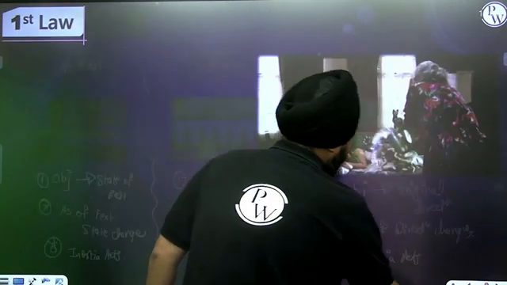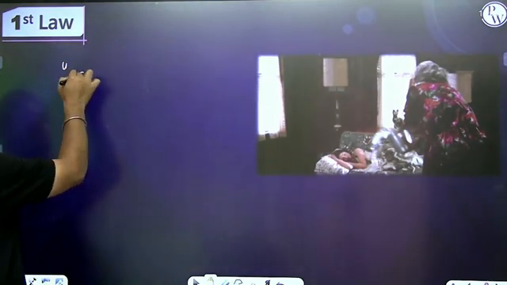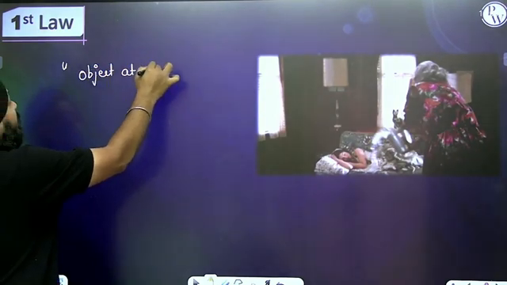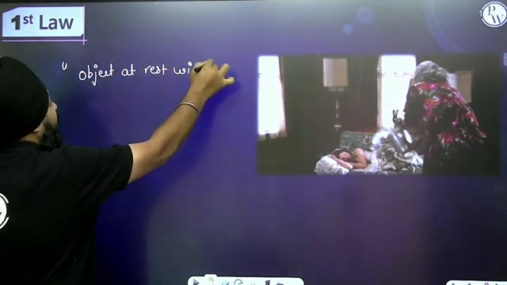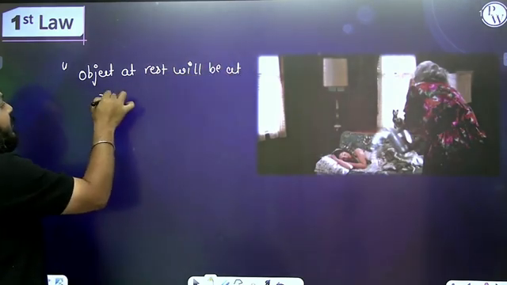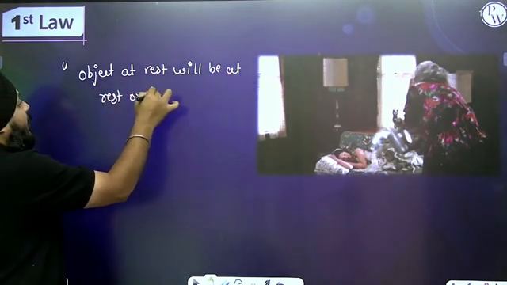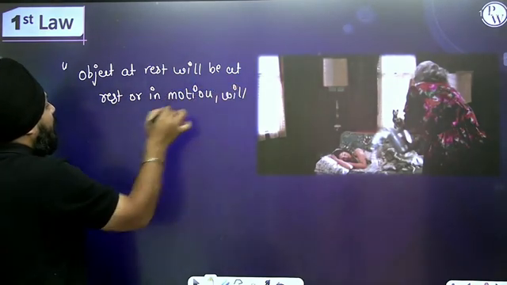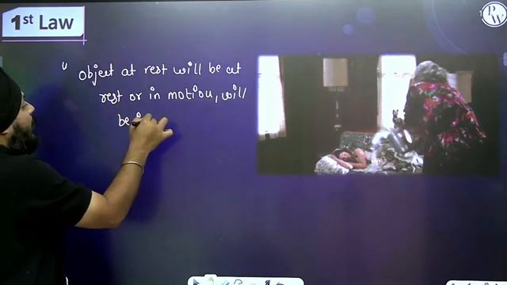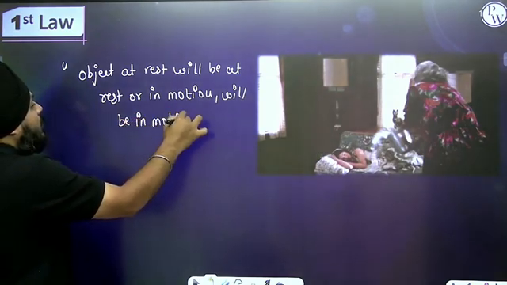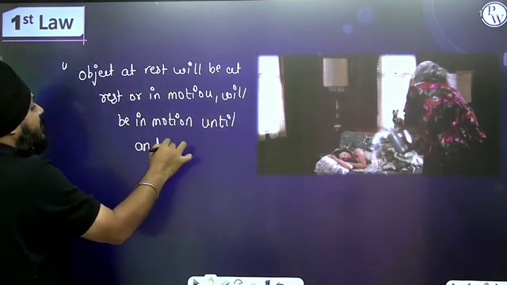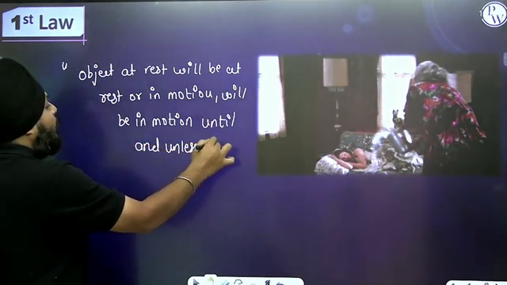Now let's move on to the next part, Newton's first law of motion. An object at rest will be at rest, or in motion will be in motion, until and unless an external force acts on it.